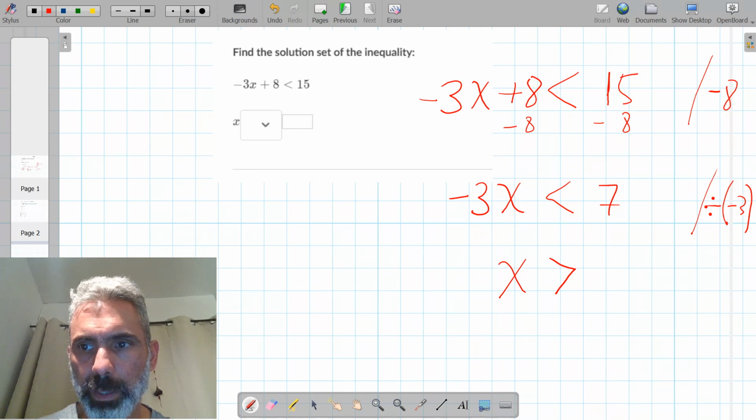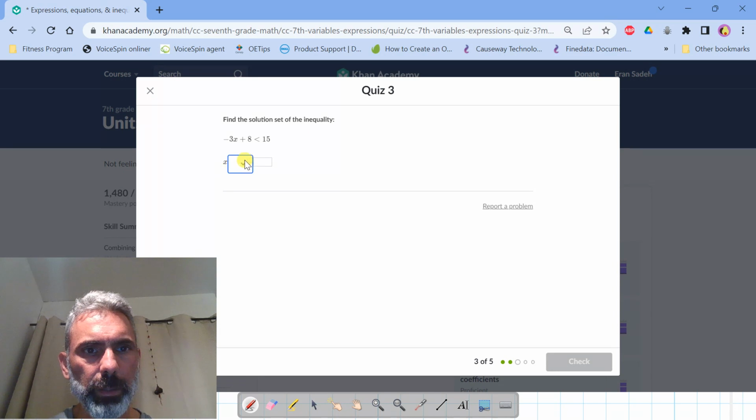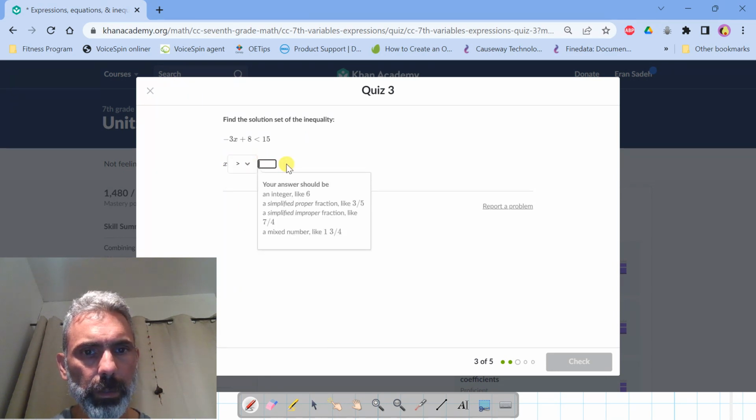So x, and since I've divided by a negative number, the sign flips. On the right hand side I have 7 divided by minus 3. Okay, so x needs to be greater than negative 7 over 3.